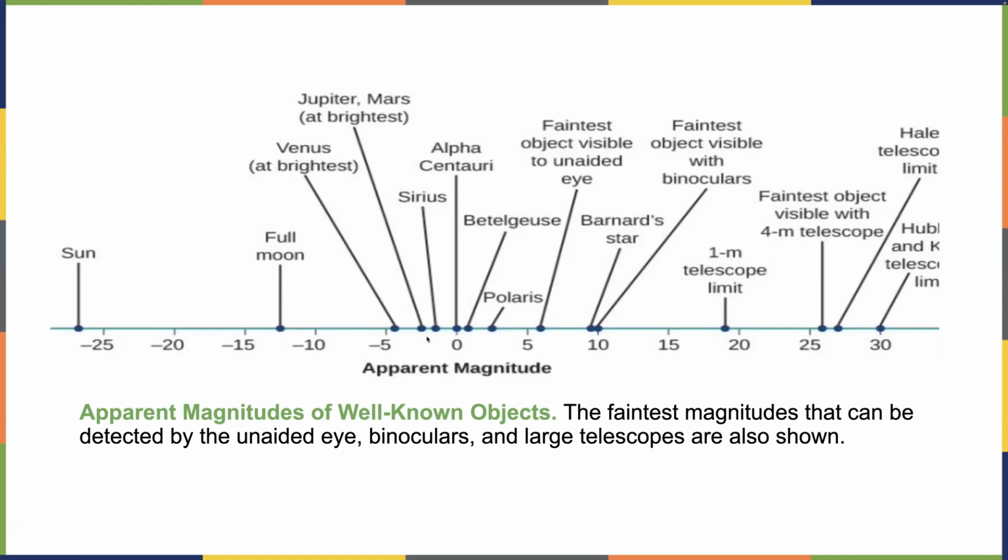And then you have Sirius, the brightest star up in the sky. And then you have Alpha Centauri. And then Betelgeuse. Betelgeuse is one of the stars in the constellation Orion, right? The Orion constellation is hard to observe these days because it's not up in the sky at night time.